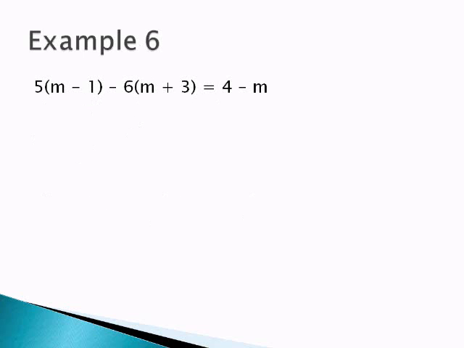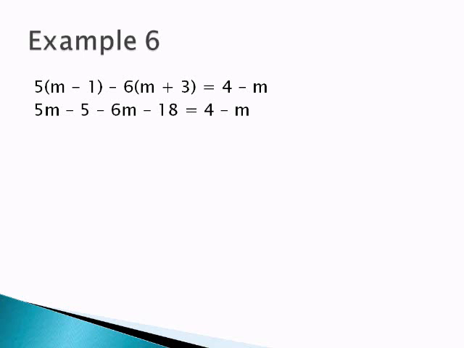Let's try another one. Boy, this one looks like a beast, but we can handle it because we've got a system to solve equations. First, we get rid of the parentheses using the distributive property. Now the left side looks like it's got a lot of stuff going on.